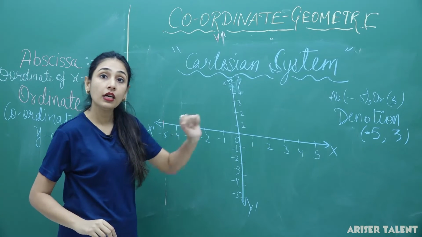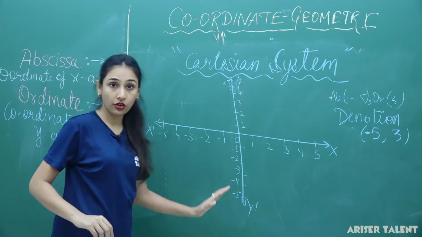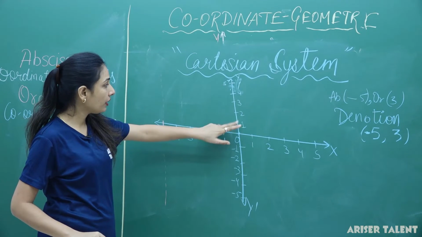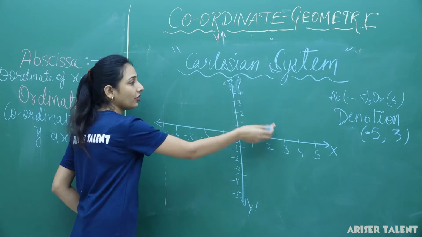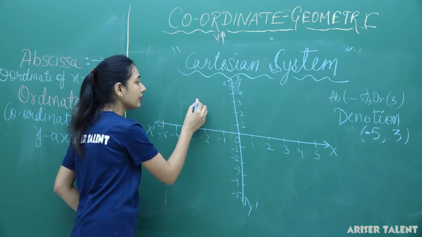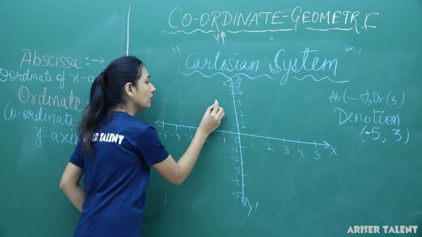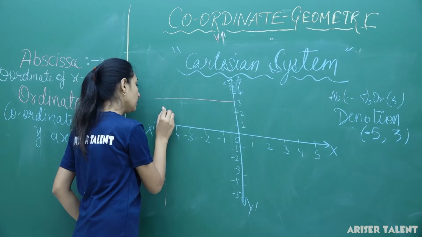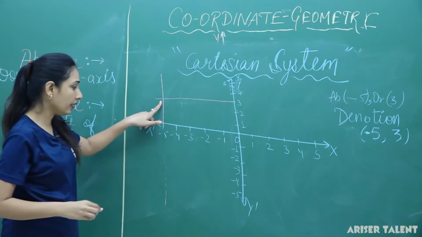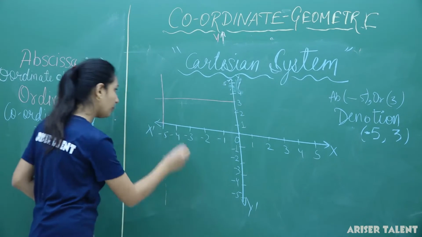Ordinate is the y-axis coordinate. So on the y-axis, 1, 2, 3, this is 3. These two lines will intersect each other here, so that will be our point.